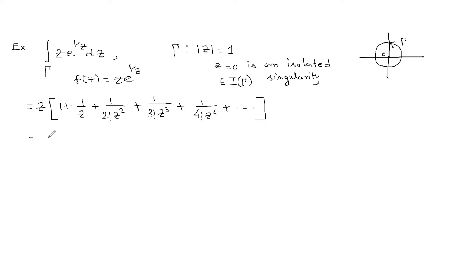So from here we are getting z plus 1 plus 1 by 2 factorial into z plus 1 by 3 factorial into z square and so on. So here we can see in the principal part of Laurent series expansion, we have infinitely many terms. So z equal to 0 is an essential singularity.